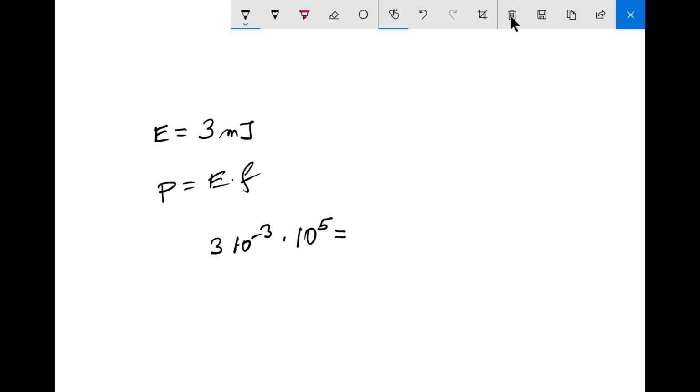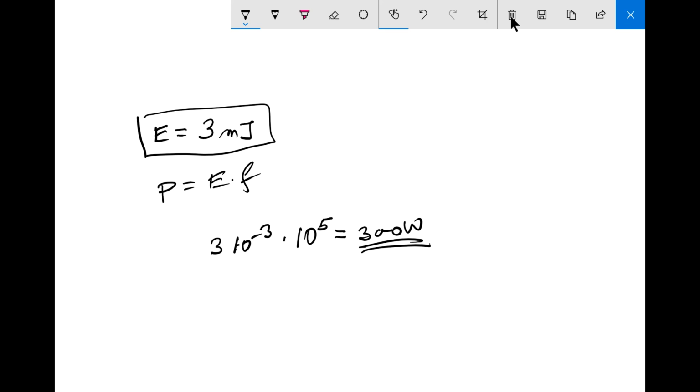So this is 300 watts. Wow, that's a lot. This means that the switching energy is a real limiter for the switching frequency. And this is the most important parameter that you have to worry about.